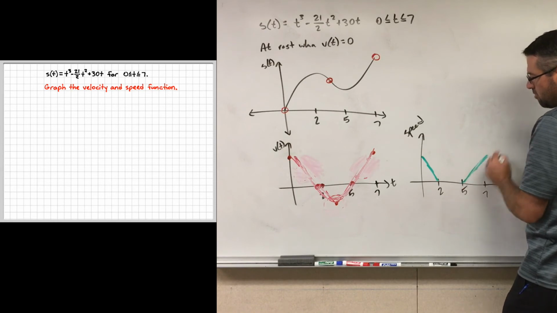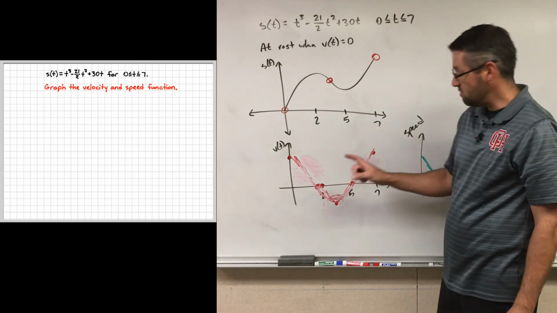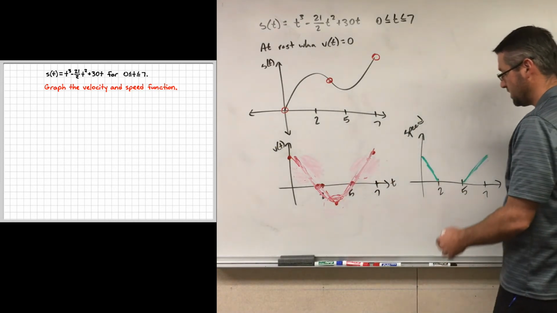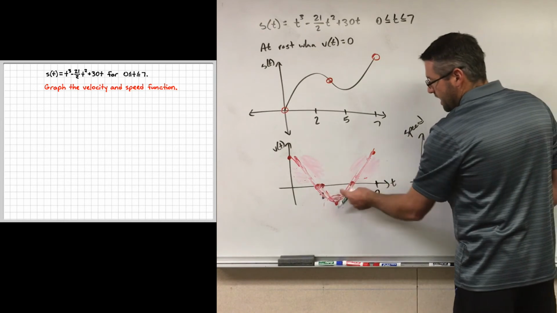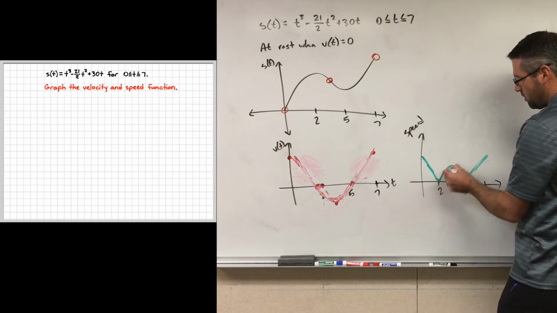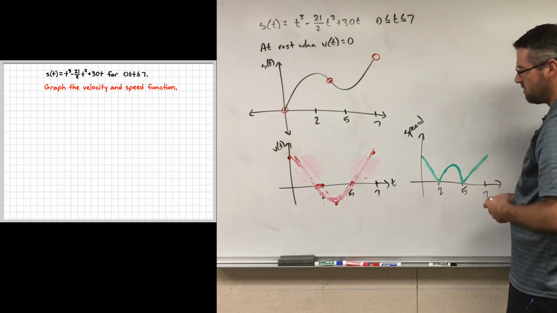Okay? But when velocity is negative, what is the speed? The speed is the same numeric value, but it has no sign, or it's positive. So we would take this and actually reflect it over the x-axis, and so we end up with something like this. So this is the graph of the speed function.